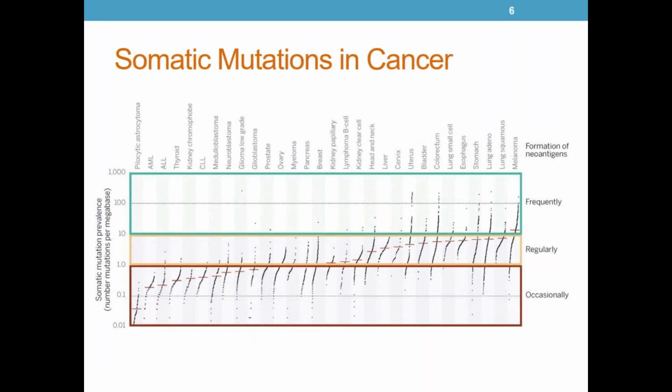Now, we've seen this slide before, and it's not the total mutational burden, the number of mutations, that's that important. What's important is that the more non-synonymous mutations we have, the more likely we are to have what we call neoantigens. A neoantigen is basically a small peptide string, about 7 to 9 amino acids in length, that is an epitope.